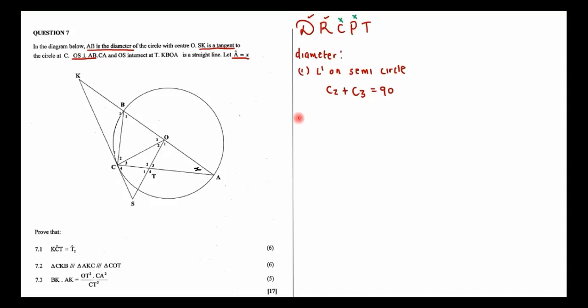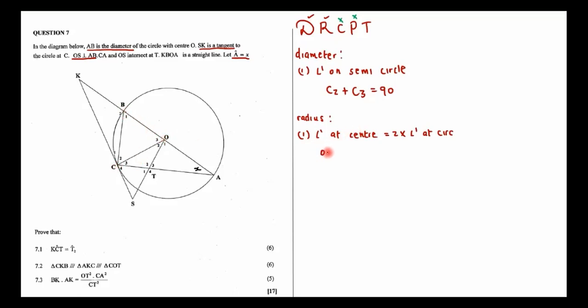All right, which means we're done with diameter, and we're going to go to the radius. When we're talking about the radius, we're expecting 2 things. Number 1, we're expecting angle at center is 2 times angle at circumference. So angle at center is twice angle at circumference. The angle at center will be O3 in this case.